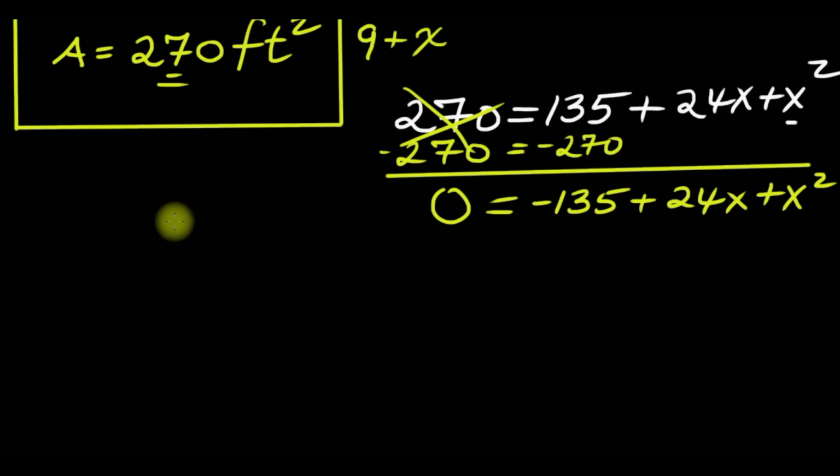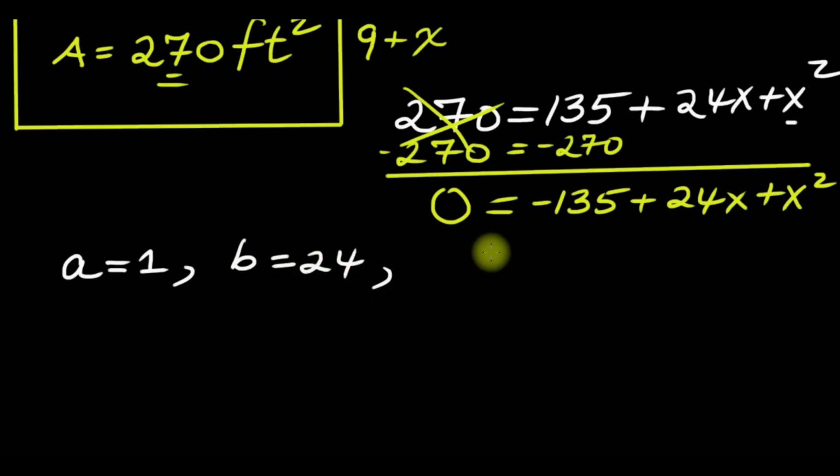Okay, so first thing I have to do is to identify the a, b, c. So my a is 1. My b is 24. And then my c is negative 135. Okay, so a is the coefficient of x squared, b is the coefficient of x, and c is your constant. So I'm going to use those numbers to plug into the quadratic formula.